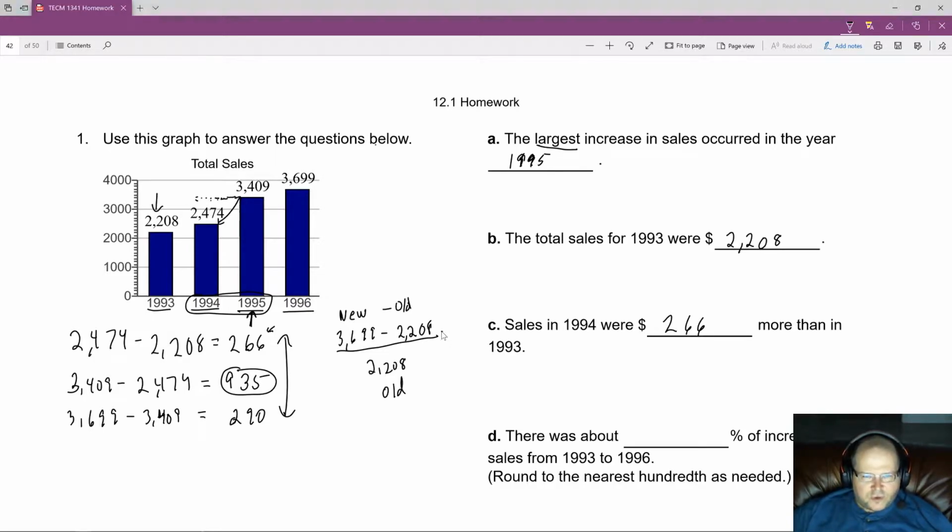And that'll give you 1,491 over 2,208. And when you divide, you get 0.675272. And to turn the decimal into a percent, we have to multiply that by 100. We're going to keep a percent on that, right? And that will give me 67.5272%. Okay.